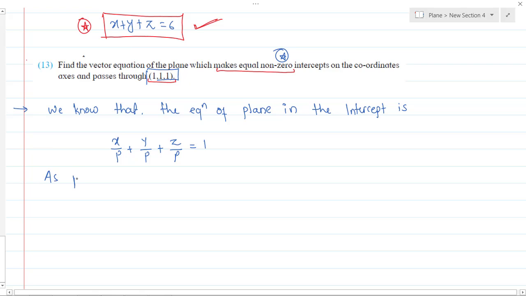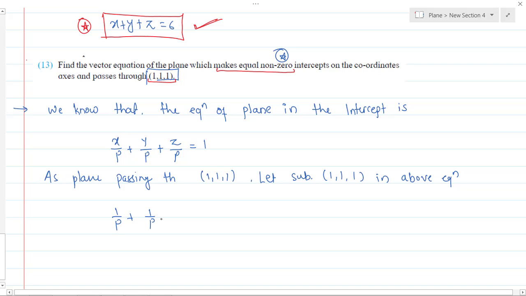As plane passing through 1 1 1, let's substitute 1 1 1 in the above plane equation. Okay, so what you will get, 1 by p plus 1 by p plus 1 by p, it is equals to 1.